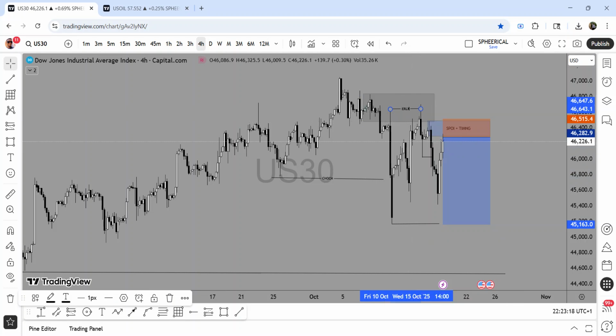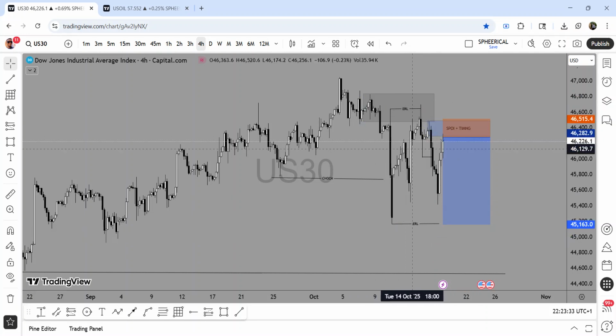External range liquidity. Here is also another external range liquidity, because this market has been consolidating within these two ranges. So this is the upper external range liquidity and the lower external range liquidity. The market has shown us that it is interested to come down here, validating that too with these two inner liquidity points.